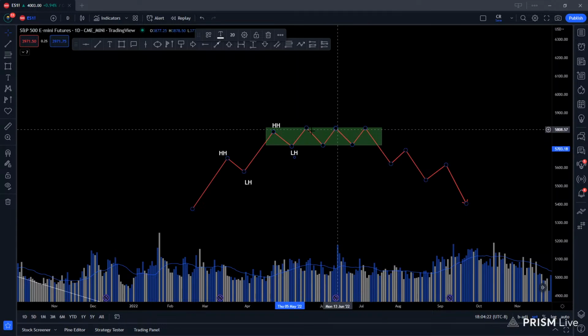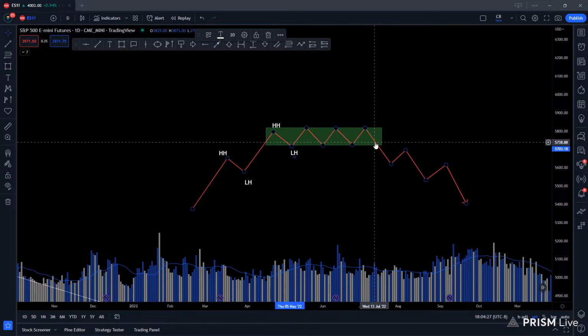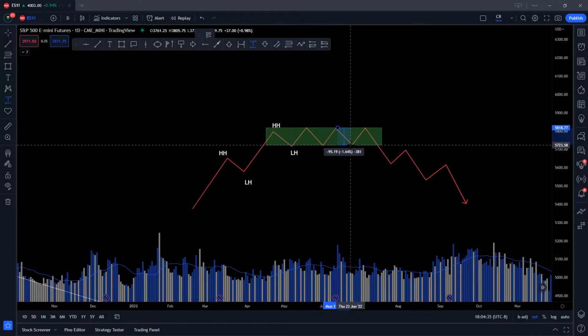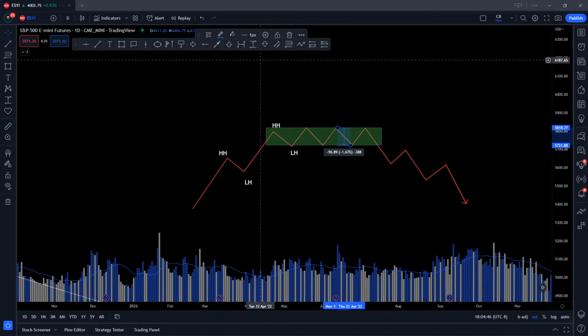And where you see consolidation like this, you want to draw a box around it. And when you break below this box or above, you can break in either direction. But if you measure the box itself, I should measure from the bottom to the top, so positive 1.67.